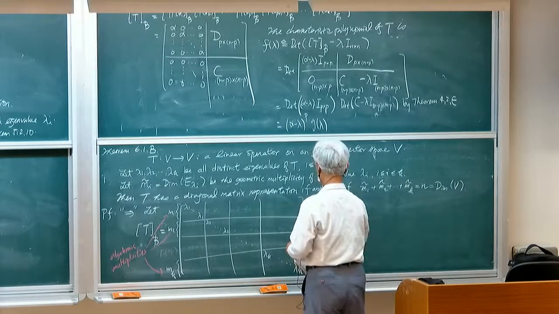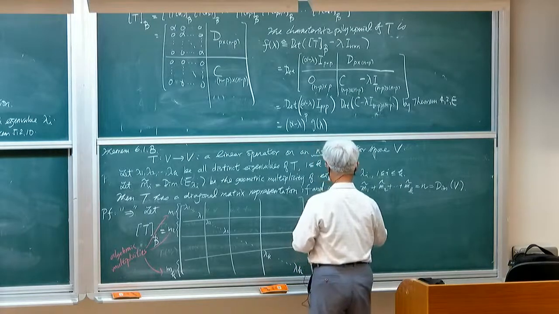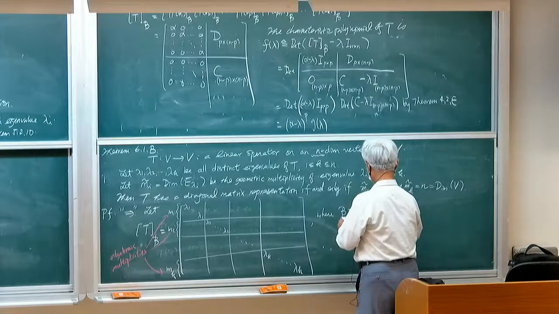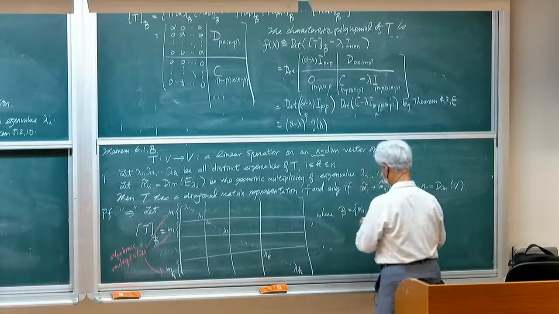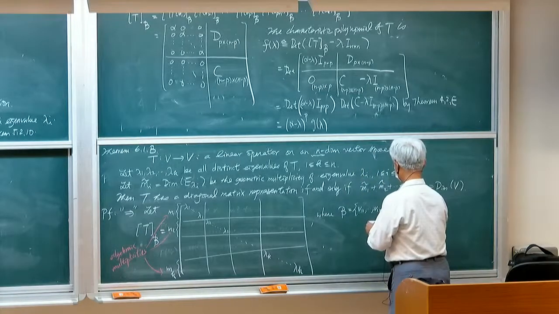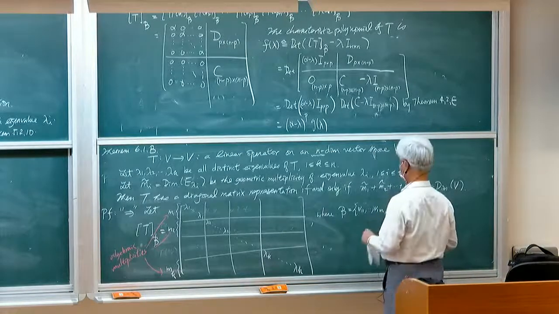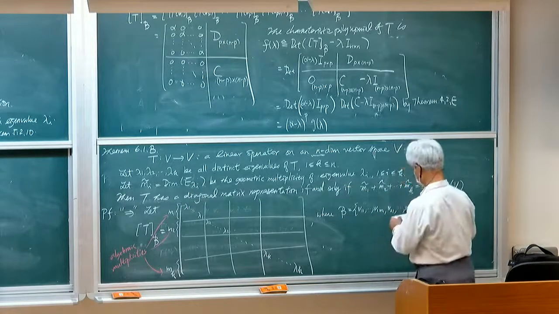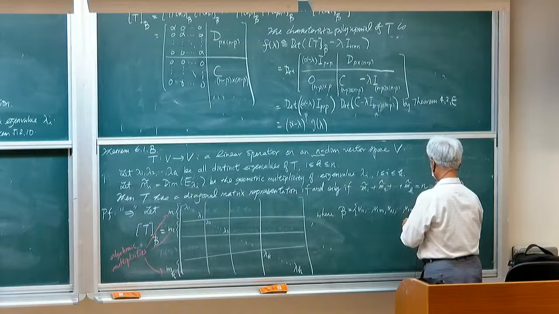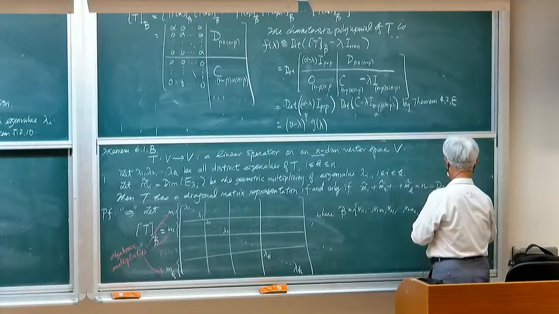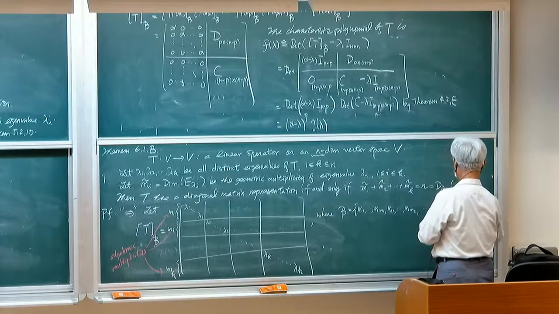I will give names V11 up to V1M1, and V21 up to V2M2, and so on up to VK1 up to VKMK.